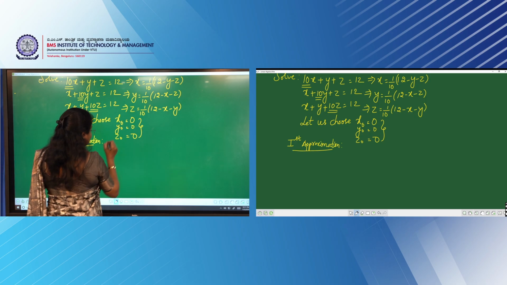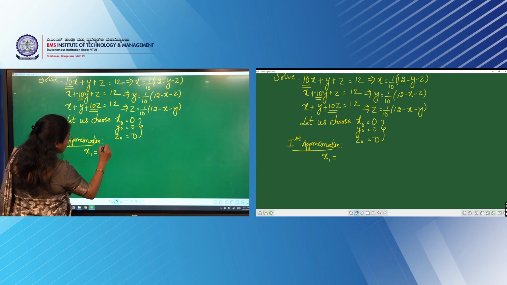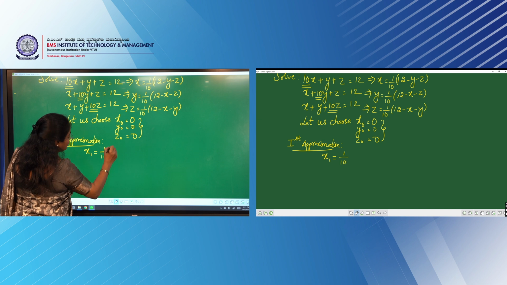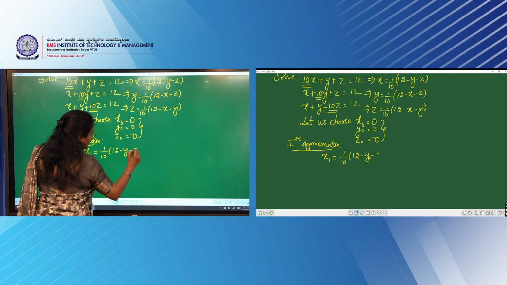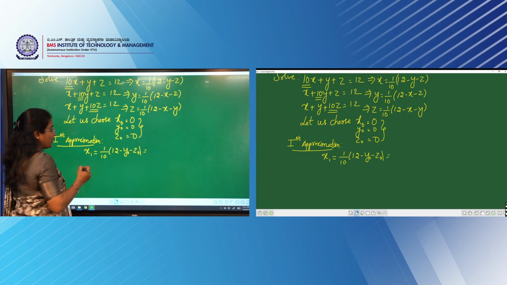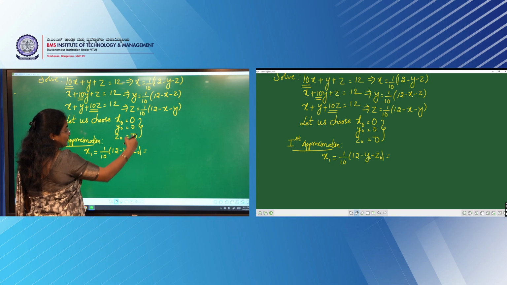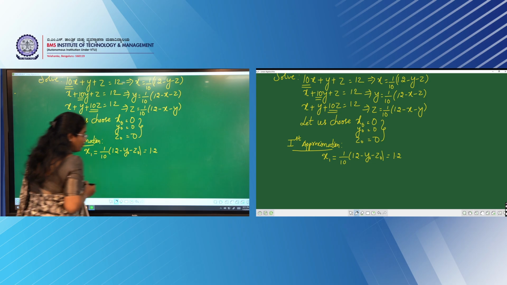x1 is equal to 1 by 10, 12 minus y naught minus z naught. You know all the values. Using the calculator, as y naught is 0 and z naught is 0, 12 by 10, so you get x as 1.2.